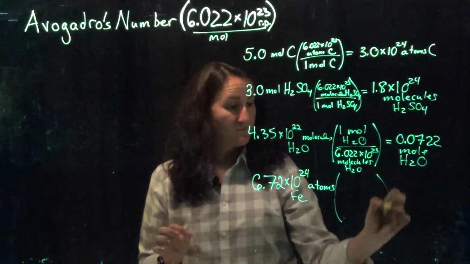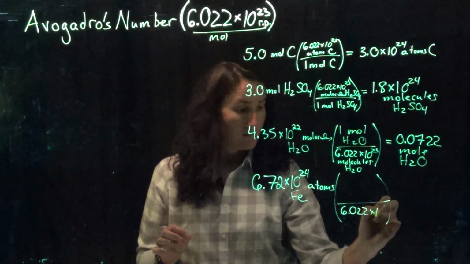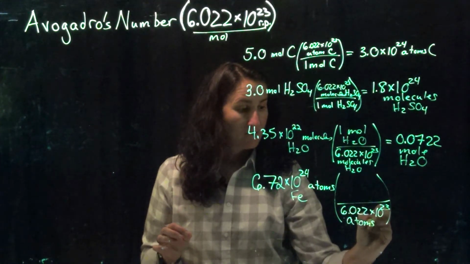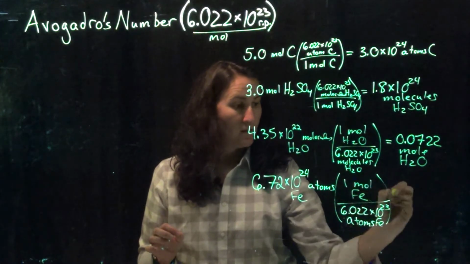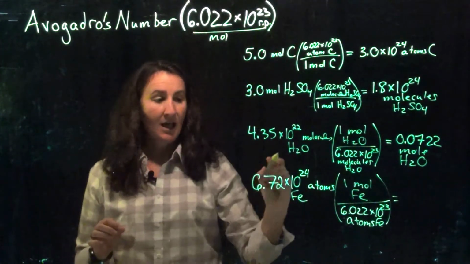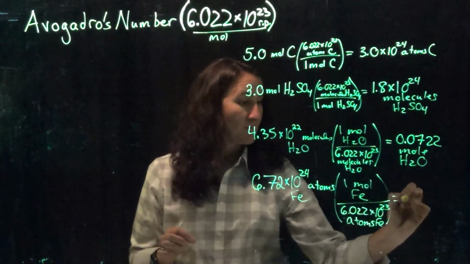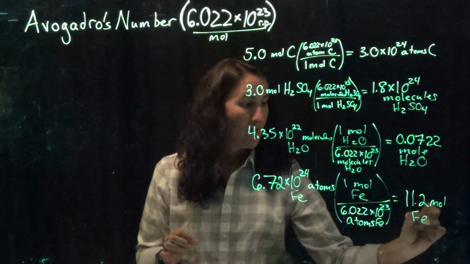So in our conversion factor, our representative particles goes on the bottom, and that is going to be atoms of iron, and on the top, 1 mole of iron. Same principles apply. Multiply these together. This divided by that gives me 11.2 moles of iron.